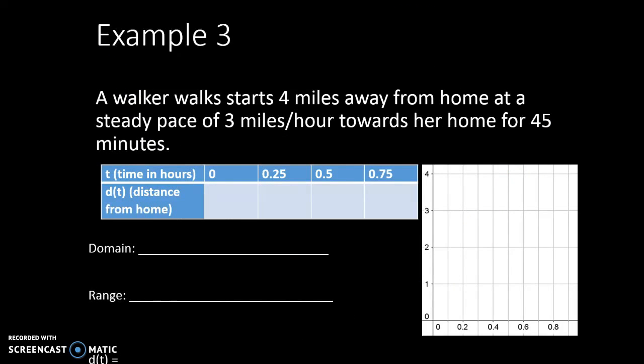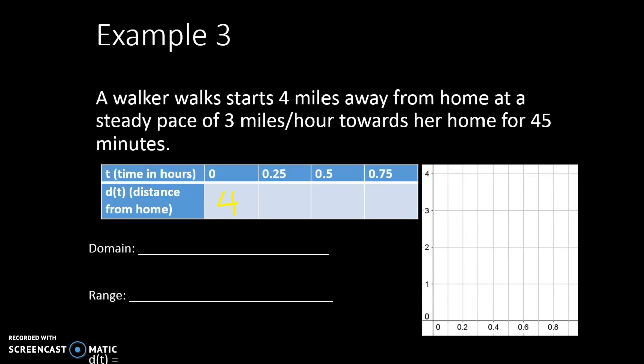In this problem, the walker is starting 4 miles away from home. She's walking at a steady pace of 3 miles per hour towards her home for 45 minutes. That means that she's getting closer to home, but she starts her journey 4 miles away from home.